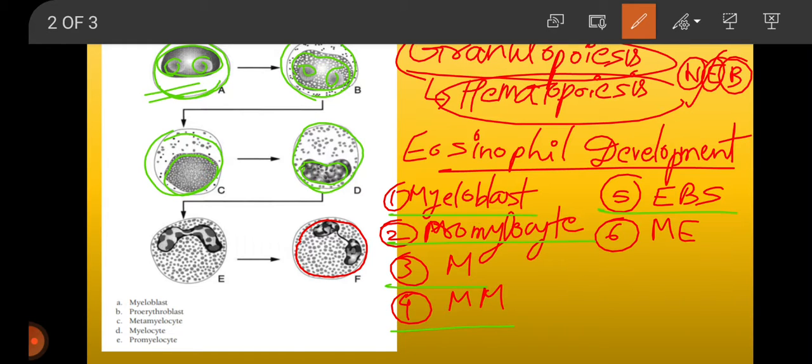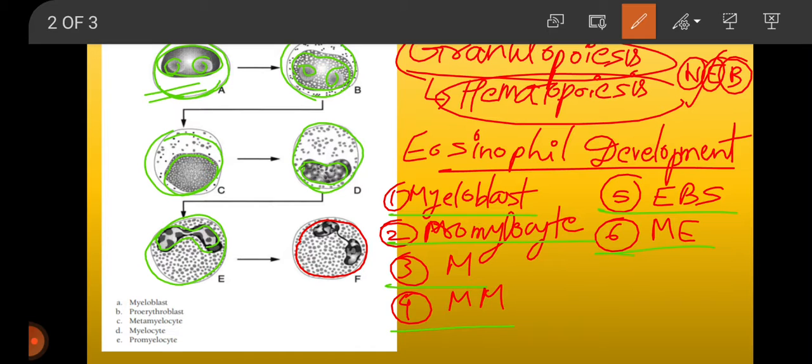Then the next stage is eosinophilic band stage, and it's called a band stage because see, the nucleus is now so flat that it's almost like a band, and now we can see that the cytoplasm is filled with granules. They're still not exactly very perfectly functional, but they have definitely grown in number. We can see that they have occupied almost the entire cytoplasm.